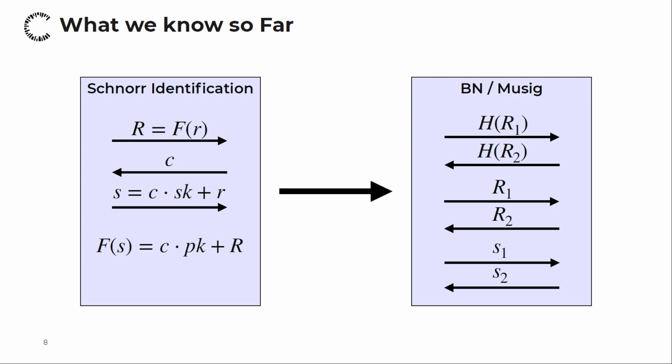Okay, but what we also see here is that there's an initial round where each party sends the hash of their nonces. And this is very important. It makes sure that the nonces are independent, and if you don't have this round, there's actually an attack against the scheme.